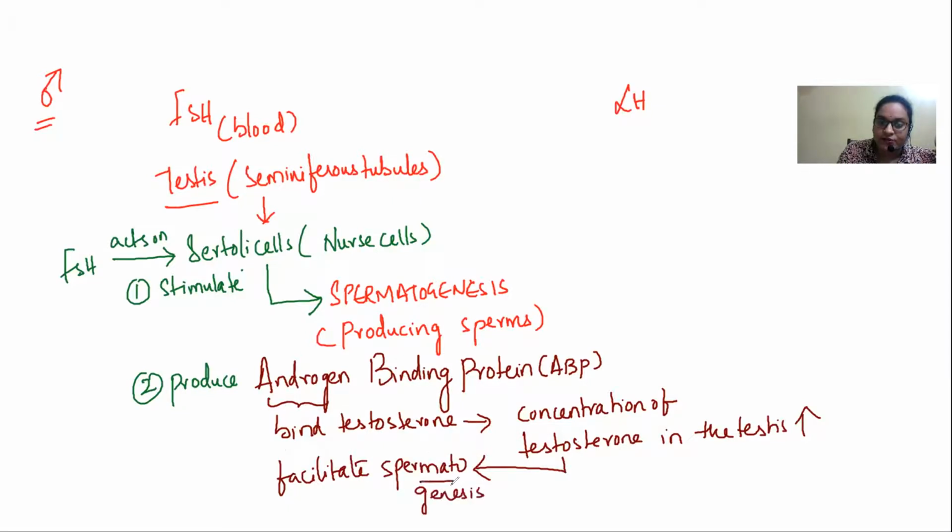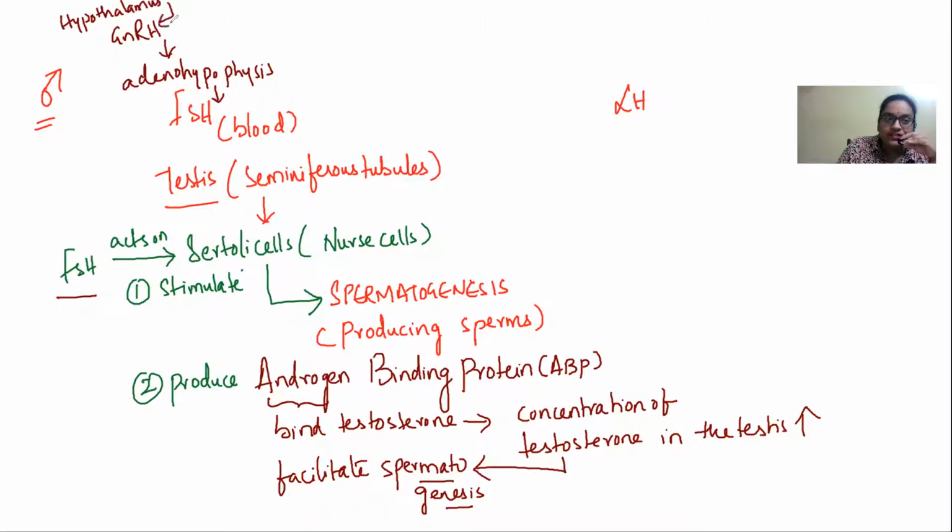This is very important. So this is a function of your Sertoli cells, and it is carried forward by the Sertoli cells only under the action of follicle stimulating hormone, which is released by the adenohypophysis of your pituitary gland under the action of gonadotropic releasing hormones released by your hypothalamic neurons.